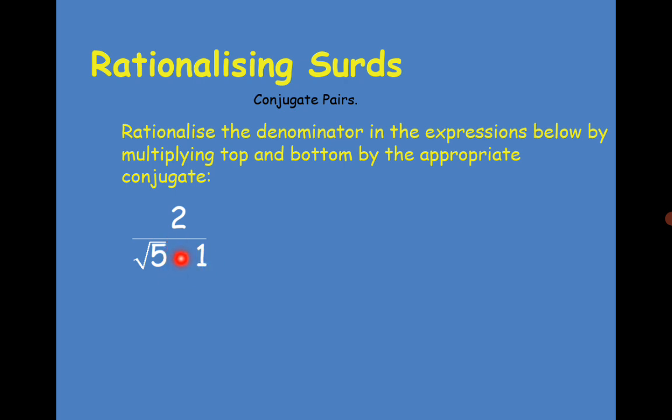So we multiply the numerator by the conjugate of the denominator, root 5 plus 1. Multiplying the denominator by its conjugate shall remove the root sign.